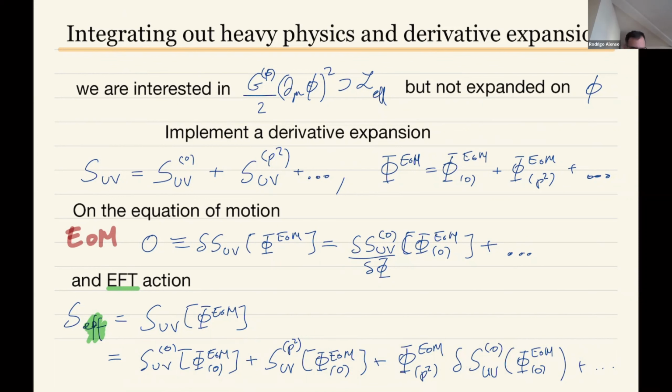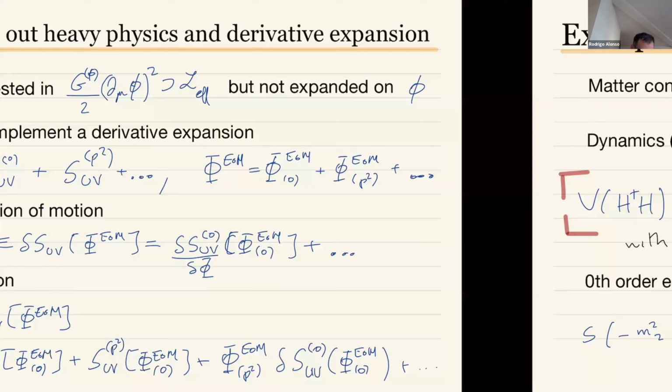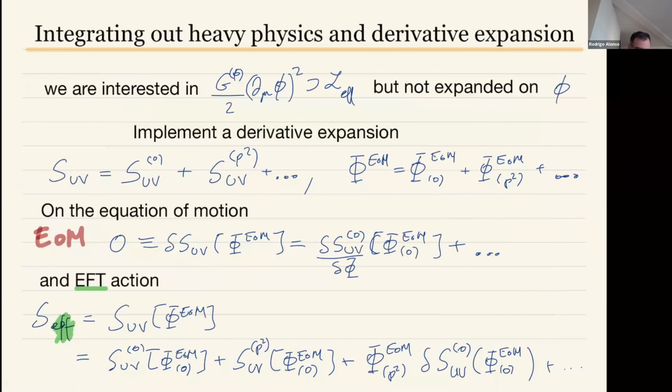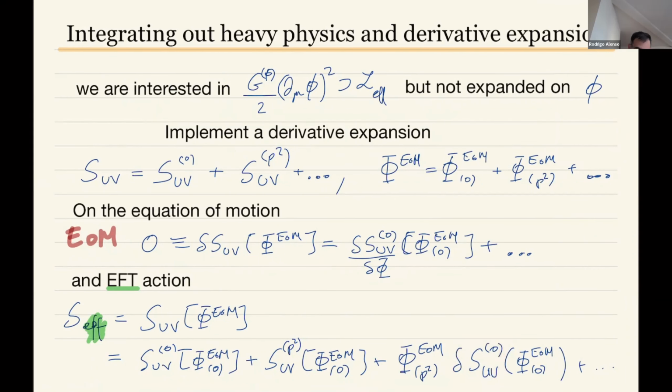In our expansion, this means the variation of the zeroth order action times this first order variation. But this piece in here is precisely what defines the zeroth order equation of motion.